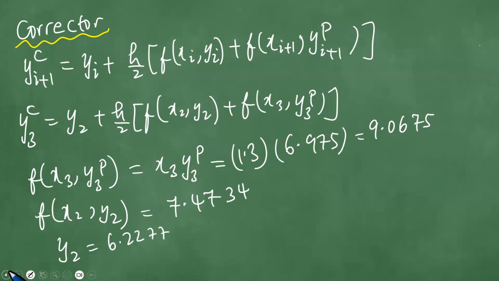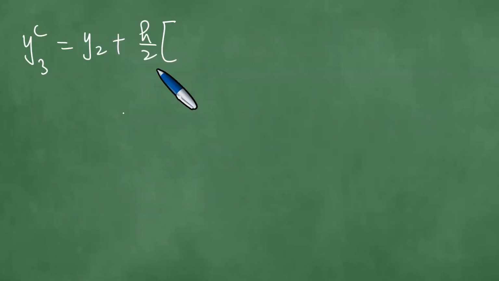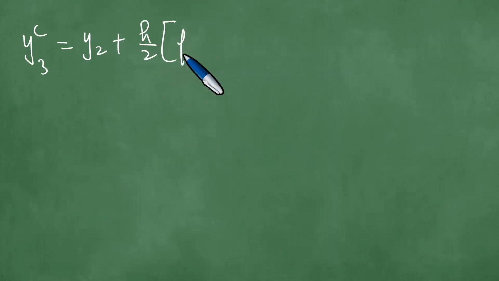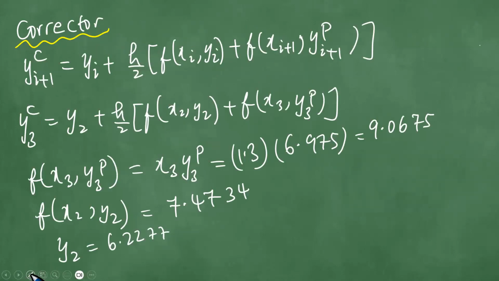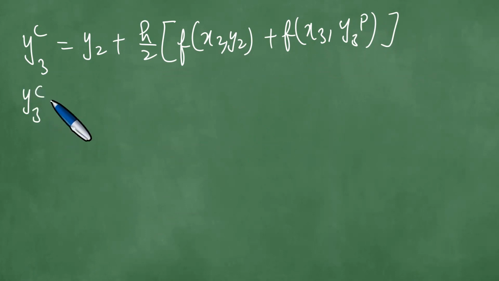So having y3 corrector is the same as y2 plus h over 2, times f of x2 y2 plus f of x3 y3 predictor, which means we can plug in everything here.